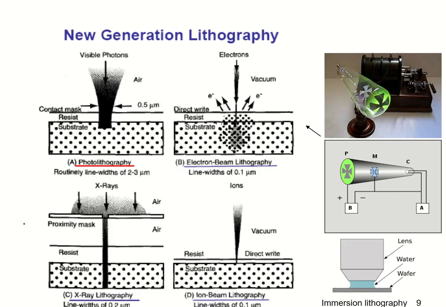Because the electron beam has a much smaller dimension than UV or other visible photons, you have a higher resolution. A resolution of a line of 0.1 micron is easily achievable.